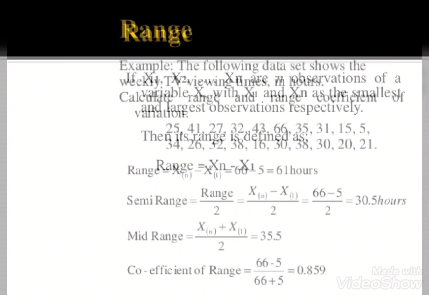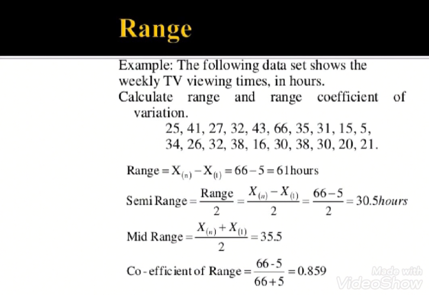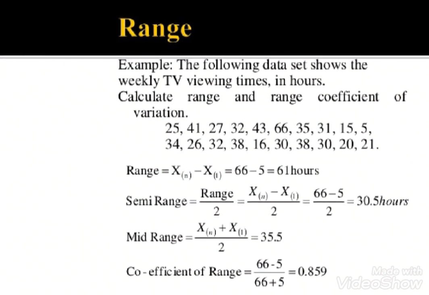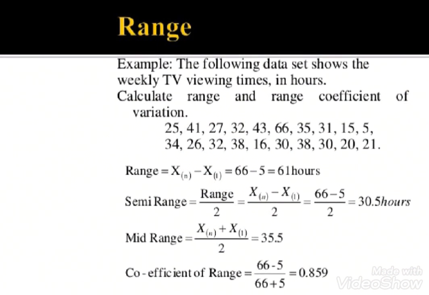Then we'll see the example. The following data set shows the weekly TV viewing times in hours. Calculate range and range coefficient of variation. This is the example they have given, with the numbers present. They have used the formula range equals xn minus x1.